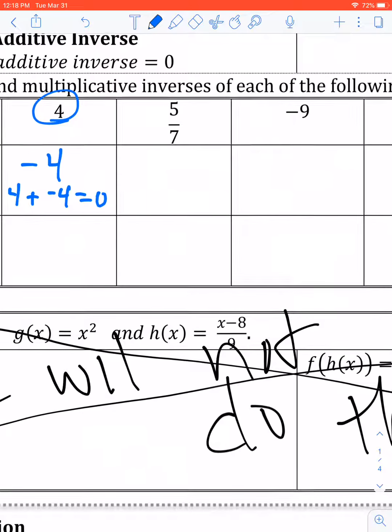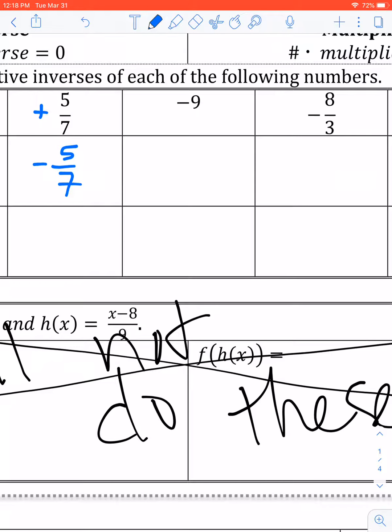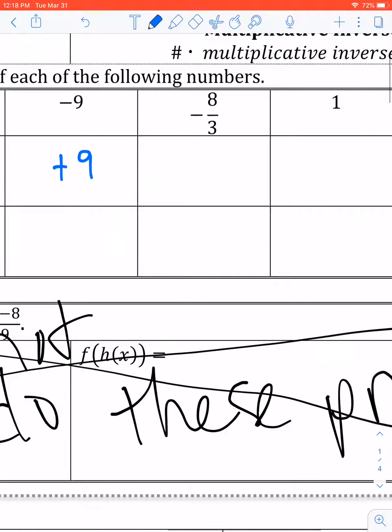So if I asked you how do you undo adding 5/7, you would undo it by subtracting 5/7. How do you undo a -9? You would undo it by adding 9. How would you undo subtracting 8/3? You would do it by adding 8/3.